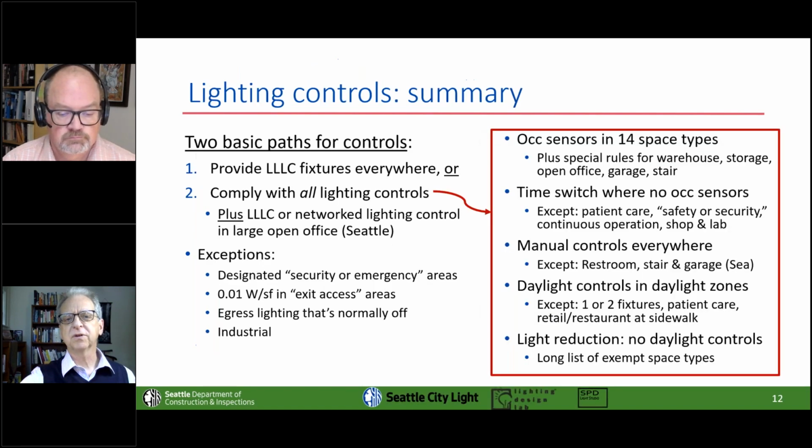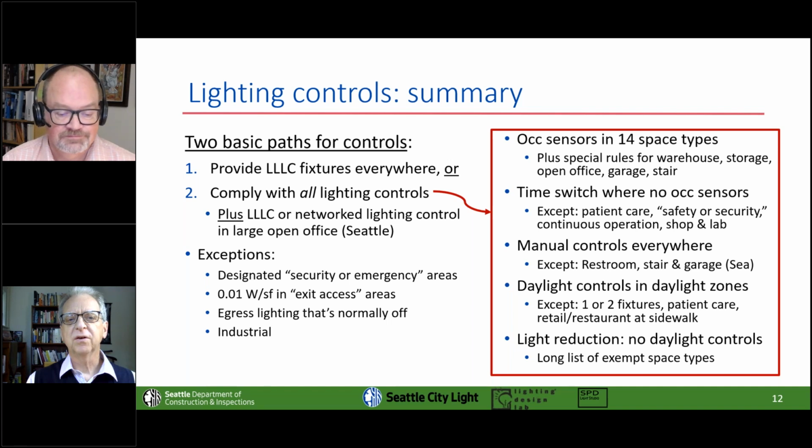There's a lot of exceptions, but anyway, when we get to lighting controls, getting into the code stuff, that first pathway is just do LLLC. I couldn't figure out at first what luminaire level lighting controls means, but it's as opposed to room level lighting controls, where these are at the luminaires themselves.